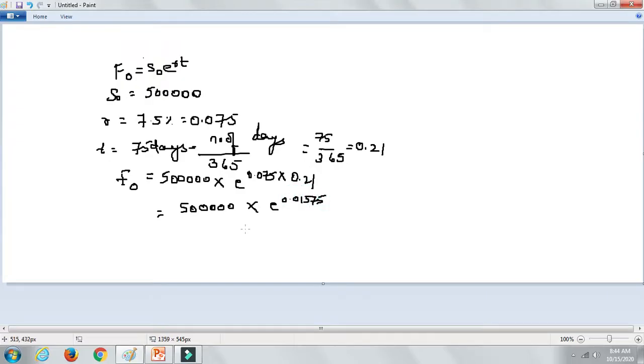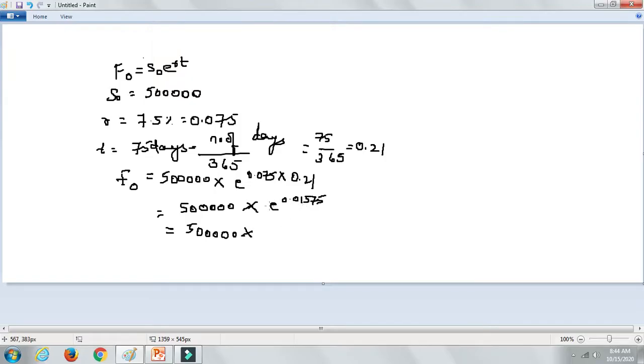0.01575. Now what you're supposed to do, you can calculate the e power value on a smartphone also, or I'm going to give you a picture of the e values. Just follow that table of values and you will understand it. You are going to check under 0.015.